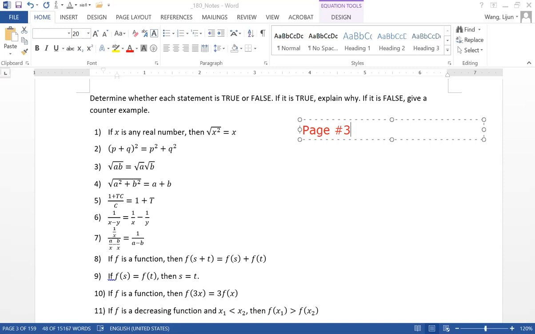We're entering this pre-calculus class at this point. At the end of the semester, you should be able to do all of these questions correctly. In 5 minutes? How about 10 minutes? Yes, 10 minutes, that's better.